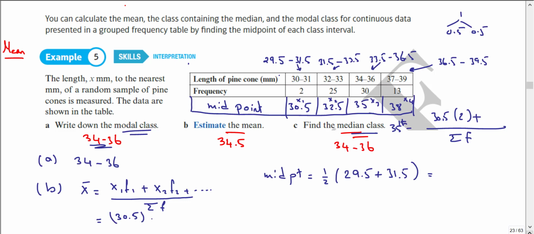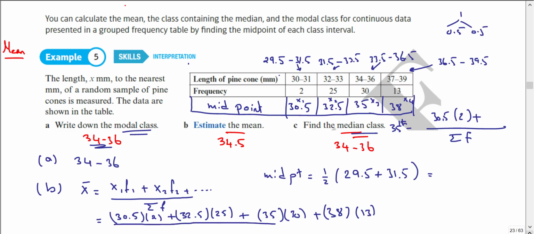You multiply it by the frequency, 2, plus 32.5 multiplied by the frequency, 25, plus 35 multiplied by the frequency, 30, plus the last one, the midpoint 38, multiplied by 13.